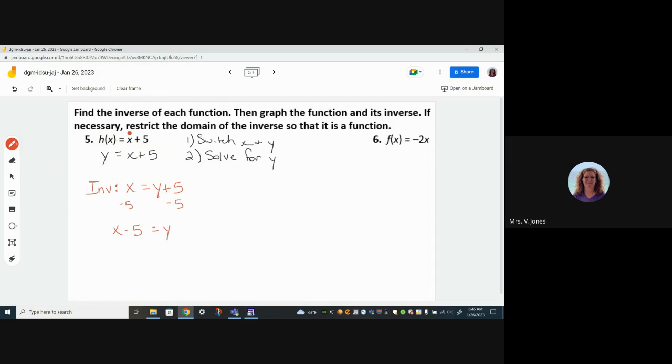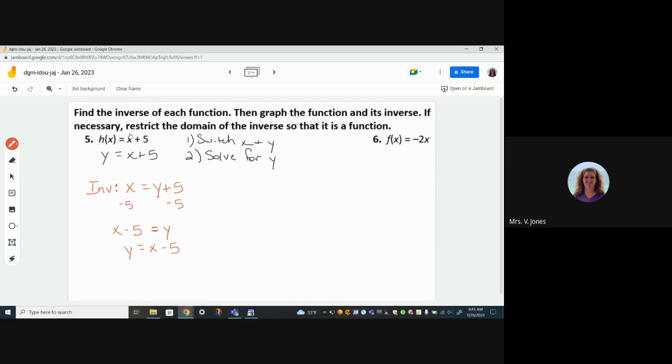So now y is by itself. Now we usually write the y on the left side, so I'm going to switch those around here. Since it's an equal sign, it doesn't matter which side the things are on.